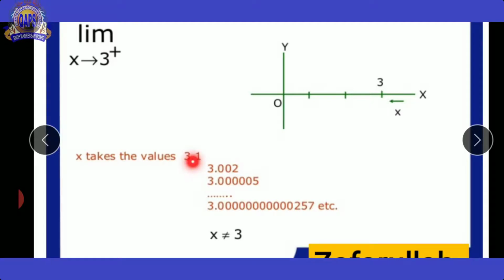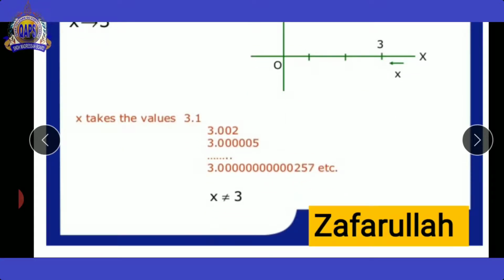So these values go very close to 3, but x doesn't equal 3, but x approaches 3.